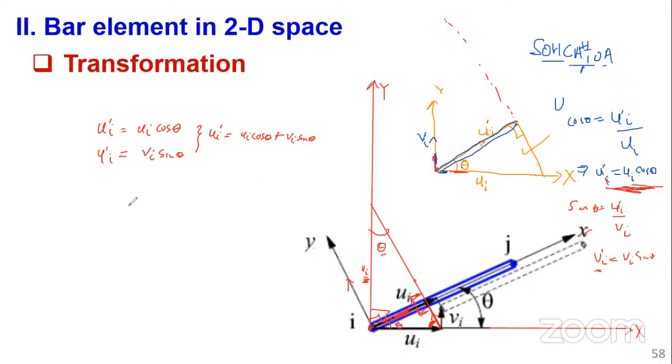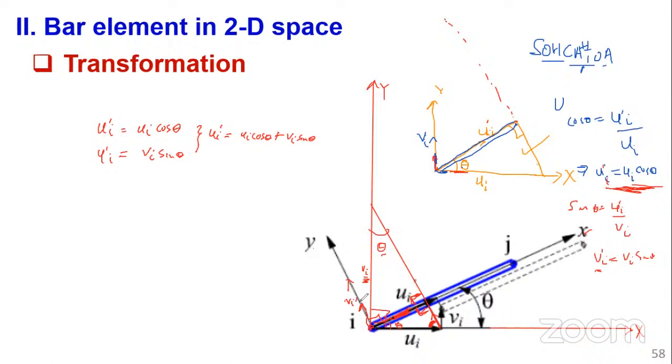Now, the second part, which I would like you to visualize here, is to get the component of the VI. Remember, in this axis here, we have this component VI prime.